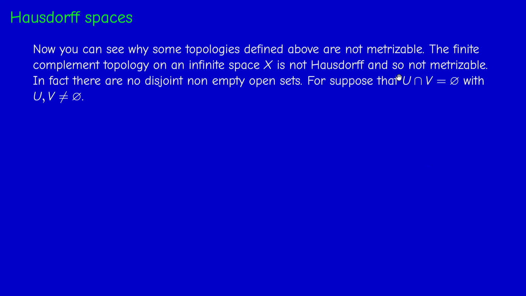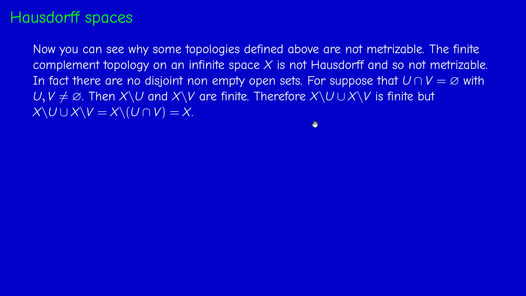Why? Because we can reason by contradiction. If two open sets are disjoint and not empty, then in this special topology, the complements are finite, right? So the union of the complements is finite, which is the complement of the intersection.